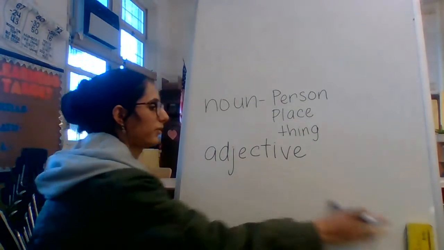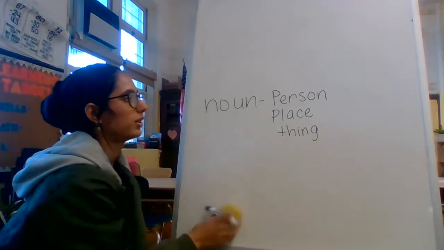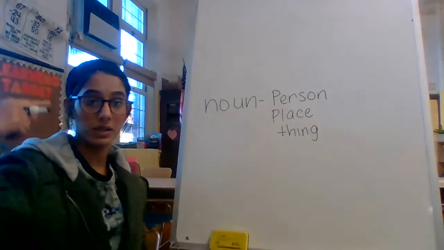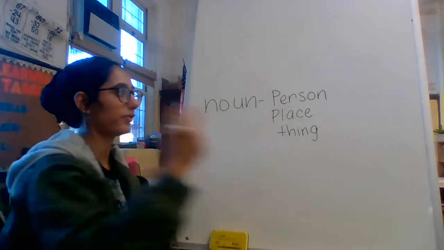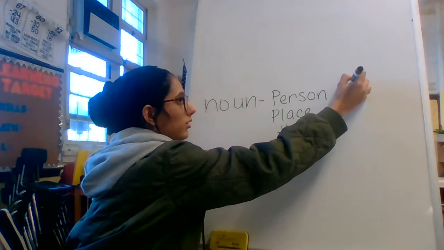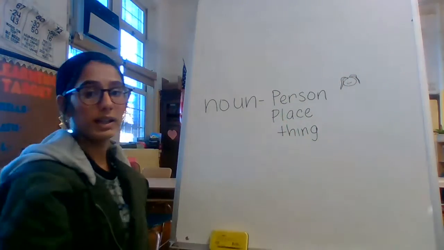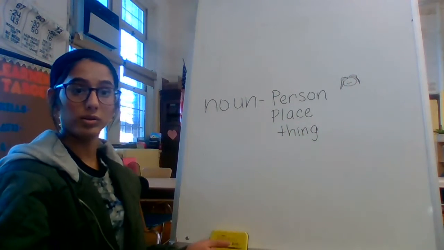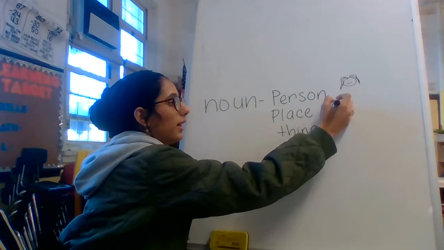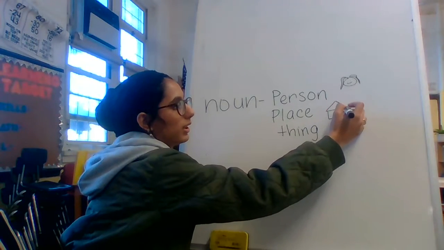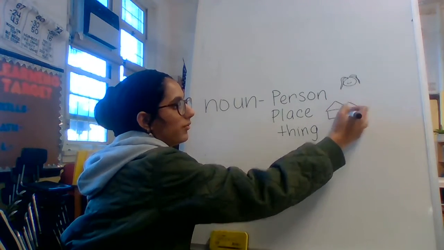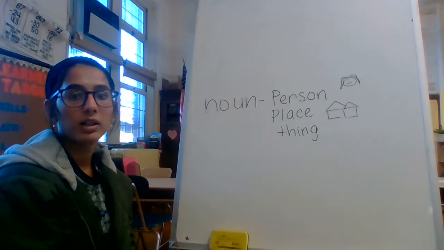All right, so erase this. An example of a person could be Miss M, right? I'm a person. A place could be school. I'm in school right now, so let me just make a quick building. Here's a school.